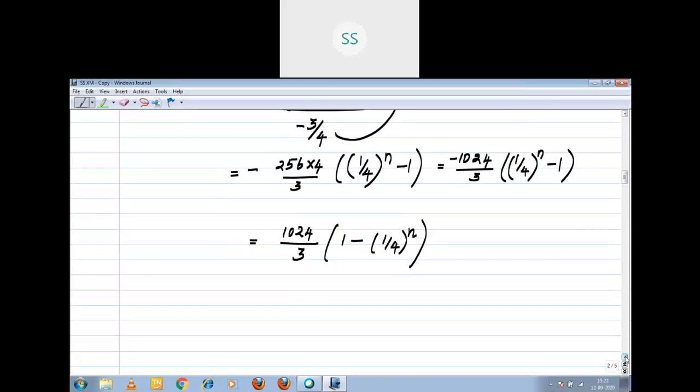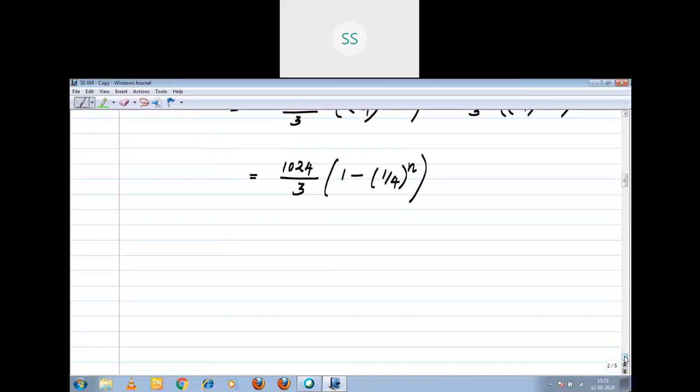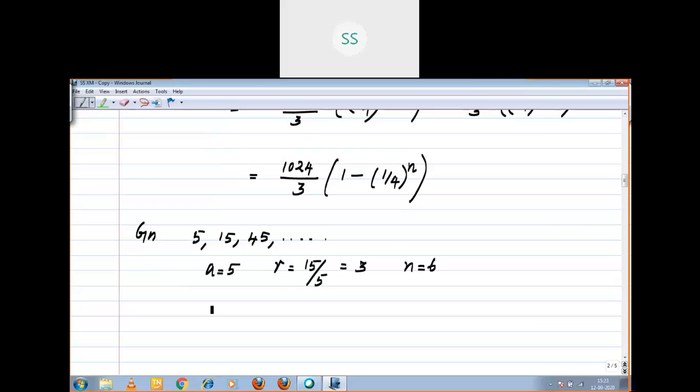Find the sum of the first 6 terms of the GP. That means they are expecting S6. What GP is given to you? The series 5, 15, 45, and so on. A equal to 5. R equal to second term divided by first term.